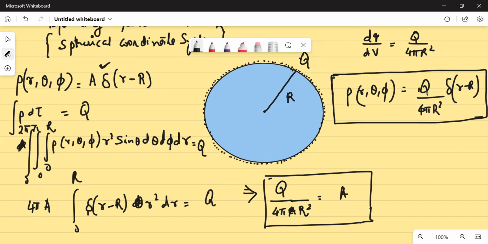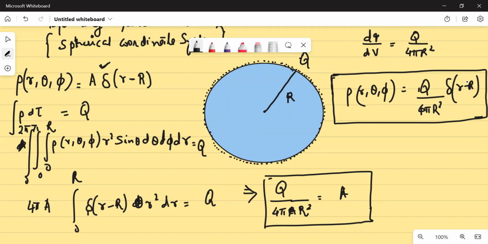So till standard 12, you've done this, that if I want to write the rho, it will be Q upon 4 pi R square. But a better way of writing the charge density would be this. Is that clear? It represents that whatever charge is there, it is on capital R only.